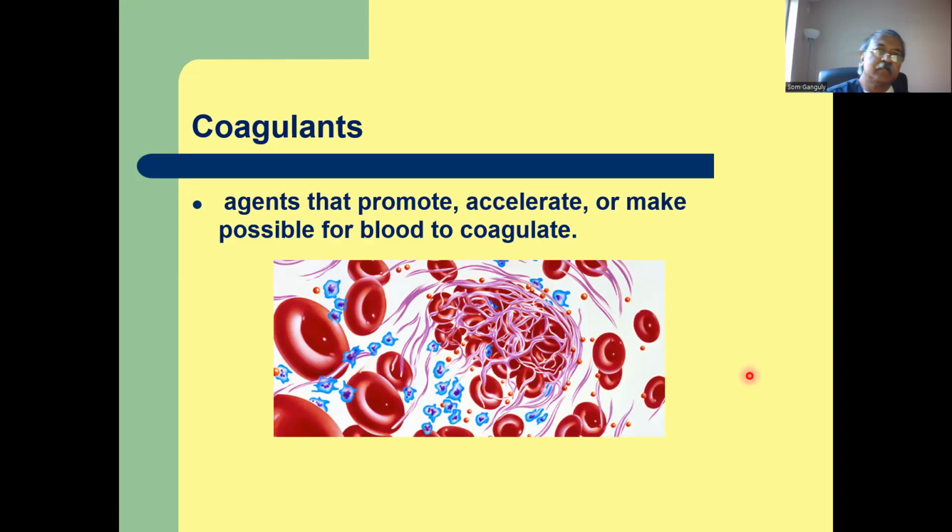Like when patients are taking aspirin for pain, those people who are taking daily aspirin for pain have a tendency to bleed and they cannot form clots. For them, there is a substance available called coagulant. This substance promotes and speeds up the process of blood clot formation, and in turn this will help the hemostasis process.